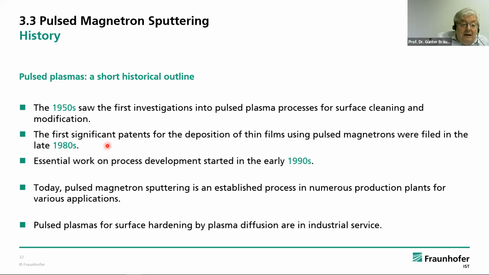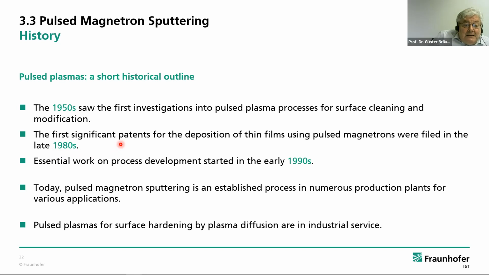And then three institutions started to work seriously on pulsed magnetron sputtering, namely the so-called, at that time in the GDR, the Institute von Ardenne, and in parallel the von Ardenne Anlagentechnik, at least in Germany. And in Hanau, I was involved very much in the development work of Leybold.